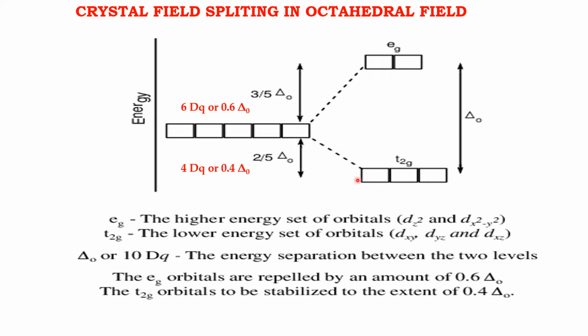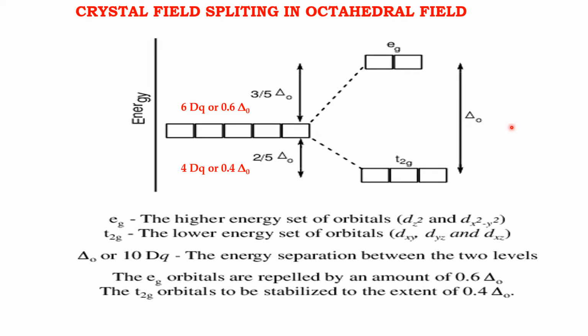Each t2g orbital is stabilized by an energy of 4Dq, while each eg orbital is destabilized by an energy of 6Dq, and this energy separation is delta O, or the 10Dq value.